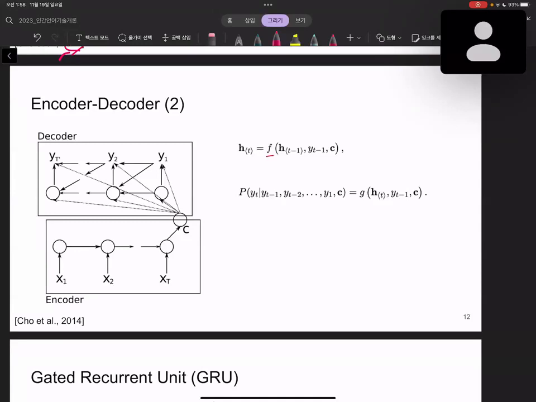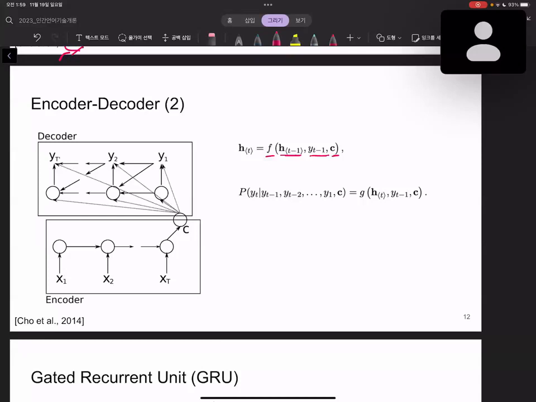So here is the function f. The input of this function f is h of t minus 1, which is the previous hidden state, and y t minus 1, which is the previous output, and c. In the RNN, there is no c, and there is x, the input of the current time step.